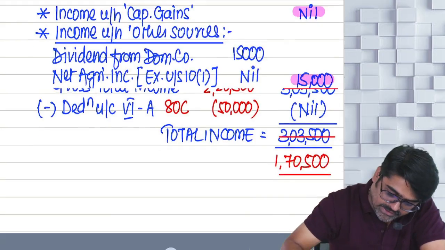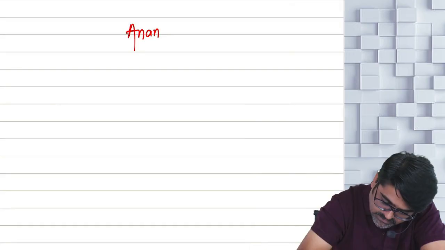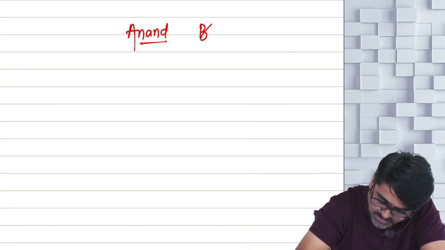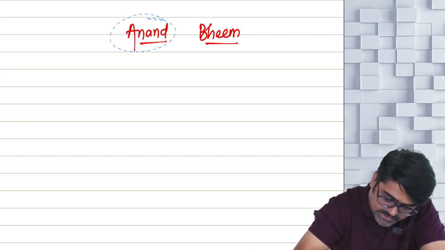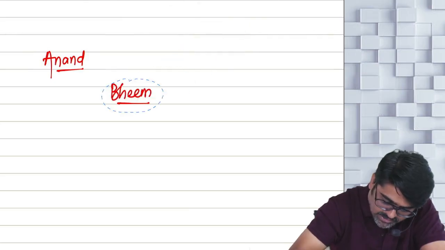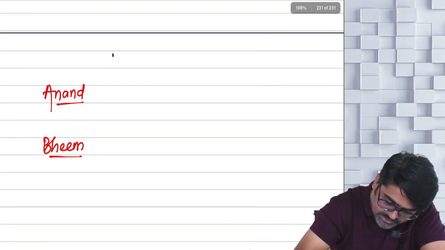So if I say that this is my Anand and this is my Bhim, okay? Anand here and I will write Bhim here. So in the hands of Anand and Bhim, how much is the actual remuneration given?